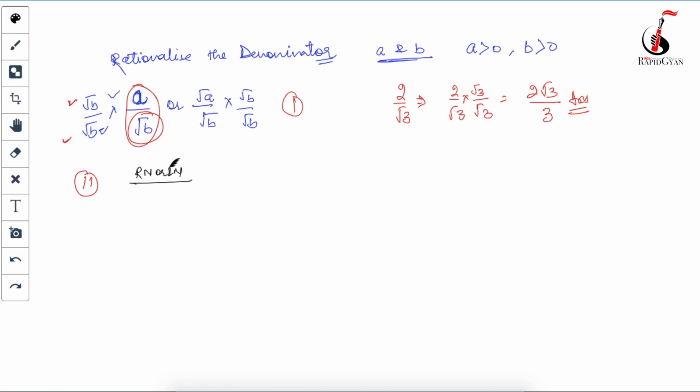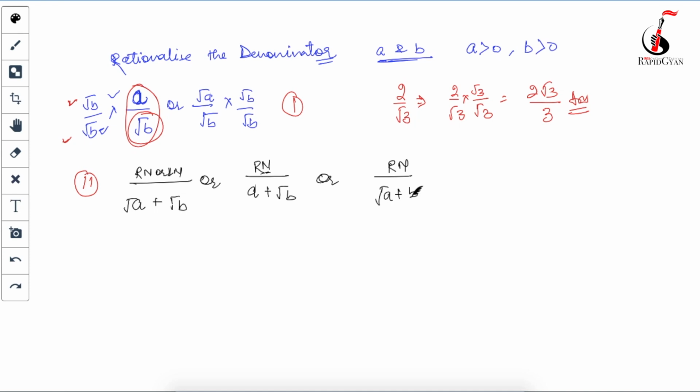But suppose the denominator is something like under root a plus under root b, or let's take only plus, not minus, with a real number in the numerator, like real number upon under root a plus b.